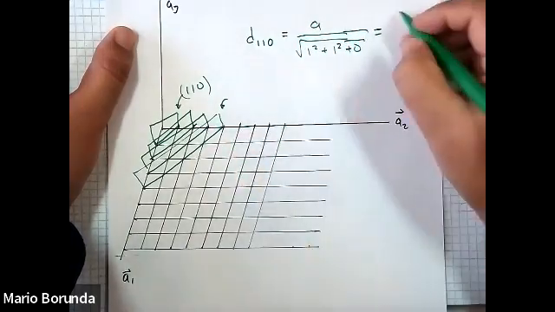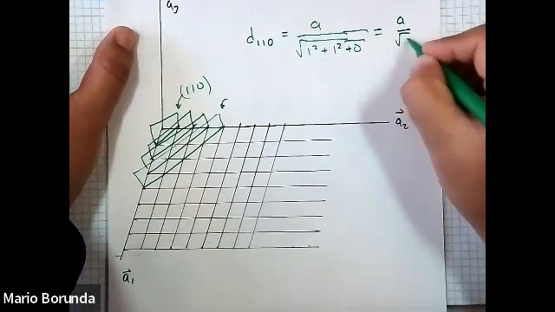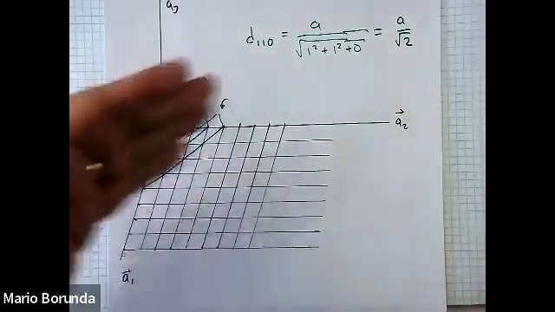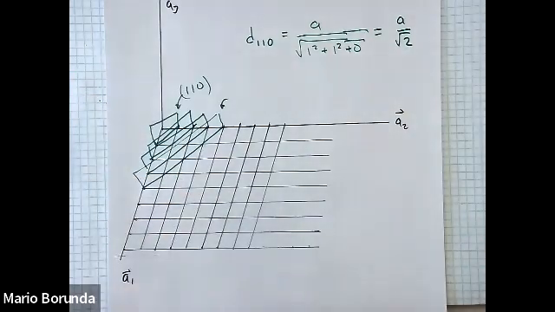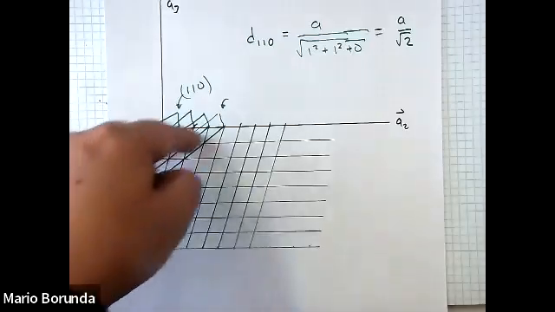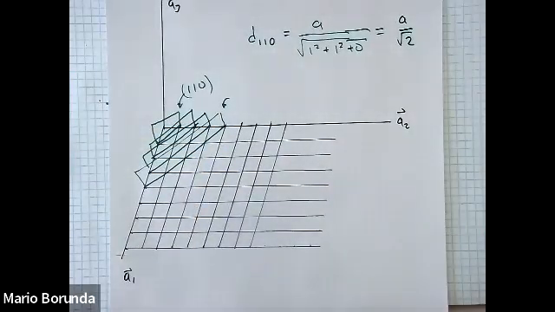So the distance between planes is a over square root of 2. If we look at it from the top, you'll see that that's true too, right? Because this is this diagonal versus this diagonal.